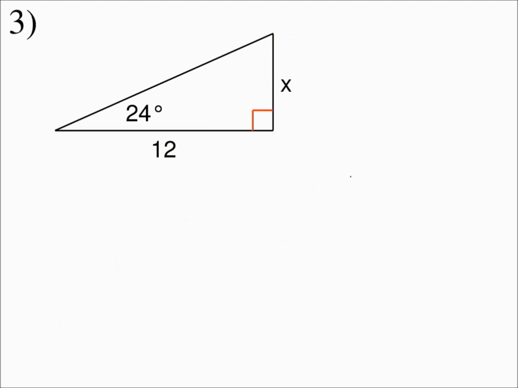Number 3. I'm looking for side length x. Identify opposite, adjacent, and hypotenuse. The side opposite my angle that I'm working with is the opposite side. The leg next to the angle is adjacent.